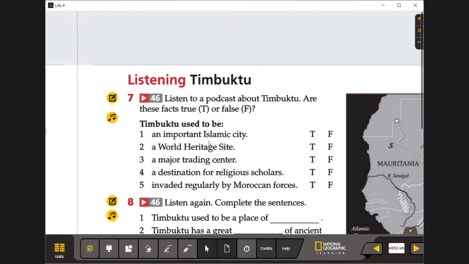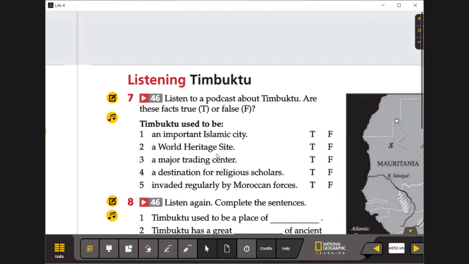Got it? We have 5 simple sentences. Remember that this Moroccan is people from Morocco, and this is Marruecos, right? So this is invaded regularly by Moroccan forces. A destination for religious scholars, a major trading center. So this is a center which is very, very important.